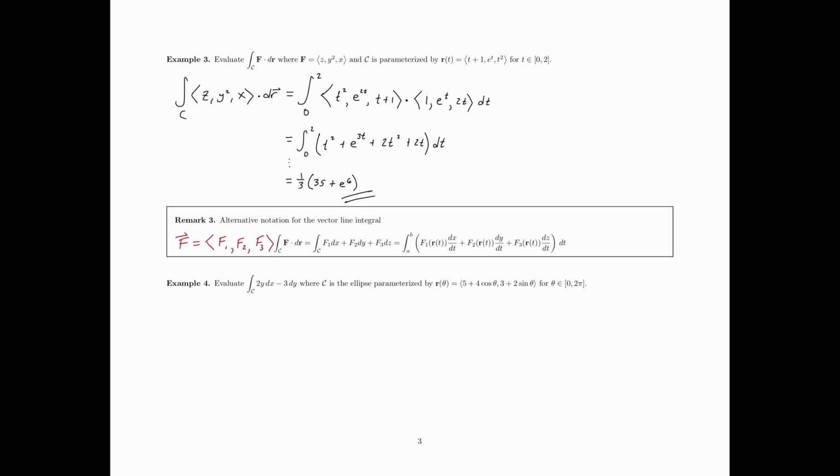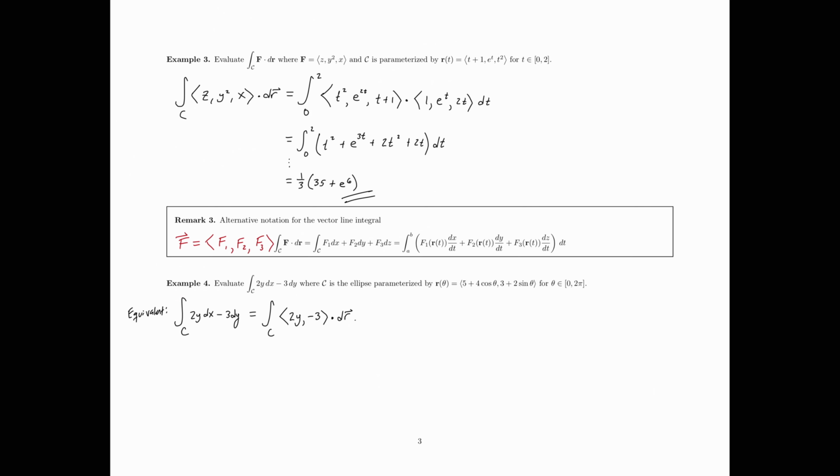So note here that this line integral, 2y dx minus 3 dy, is exactly the same thing as if we had written the vector 2y, negative 3, dot dr. They're identical, so I'll just say equivalent. Okay, but I don't want to compute it this way. I want to get some practice with this way. So let's take a look at that.